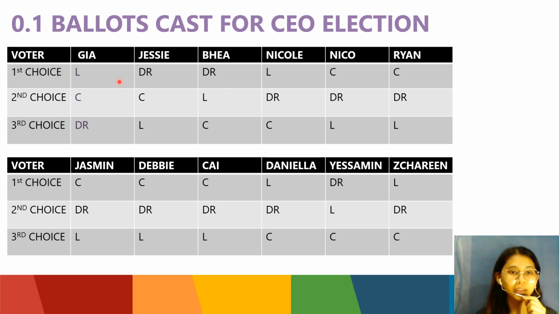For example, Gia chose LCDR, which means Lagdameo, Castillo, and Del Rocha. While Jessie chose DRCL: on her first choice she chose Del Rocha, second choice Castillo, and Lagdameo on her third choice, as well as the others who chose their first, second, and third choice.